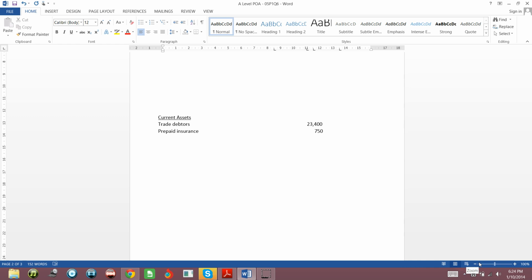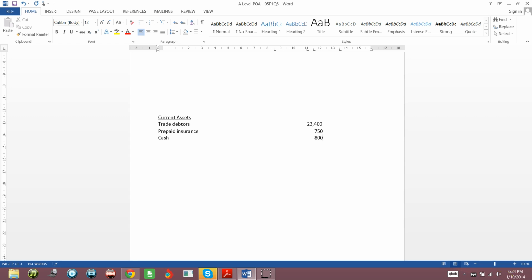So that means 800 was retained in the business as cash. So the business holds cash somewhere in the drawer. So the current assets of the business also include cash. Cash is 800.